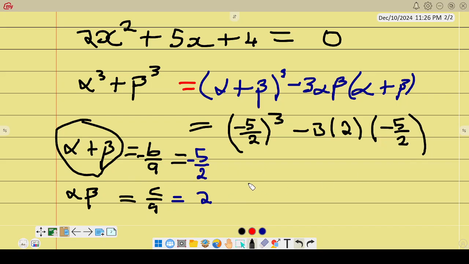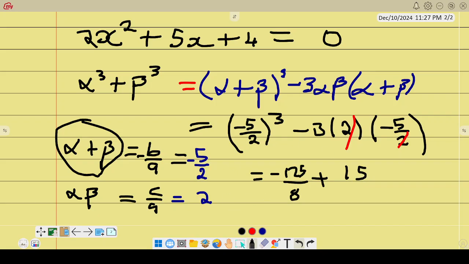So you can evaluate 5 power 3, it is I think 125. 2 power 3, it's 8, minus this is 3. 2 can cancel. We're going to remain with 3 times 5, negative and negative, positive, or 15. Okay, so you are done. This is how you evaluate.